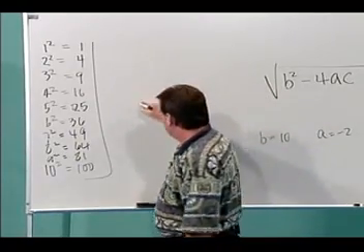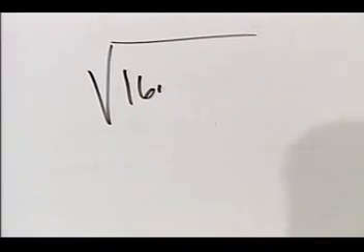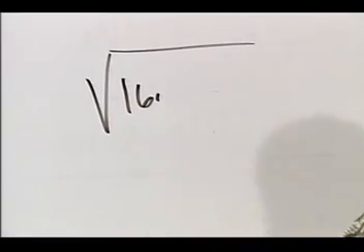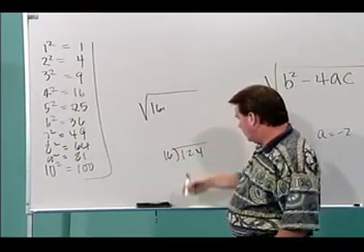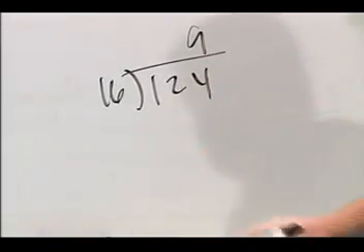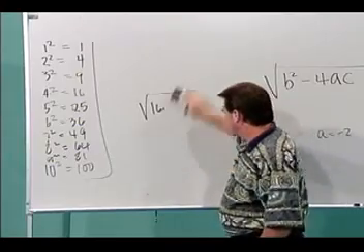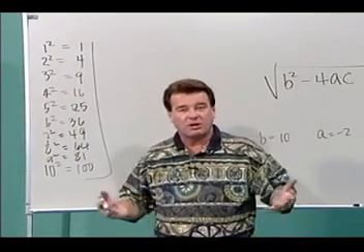We might have to divide 16 into 124, and 9 times 16 is 144, that's too big, so that doesn't work. We're having problems with this one because we're not familiar with the number.